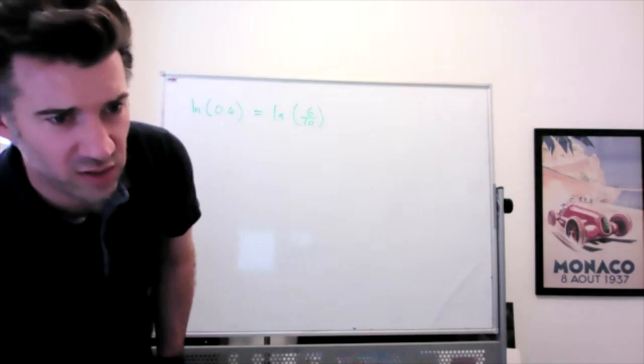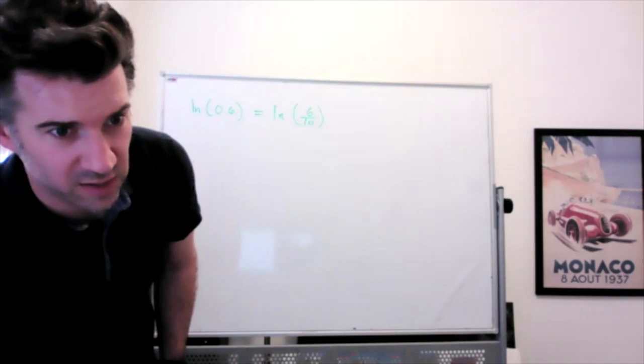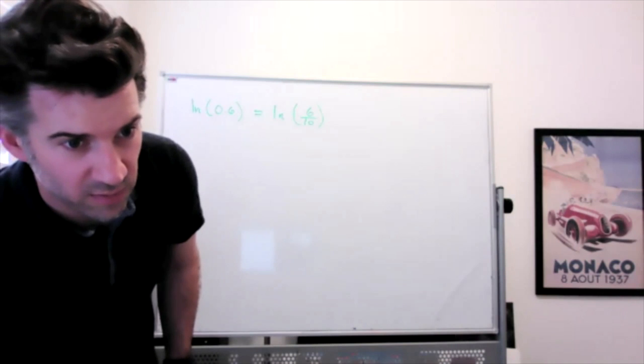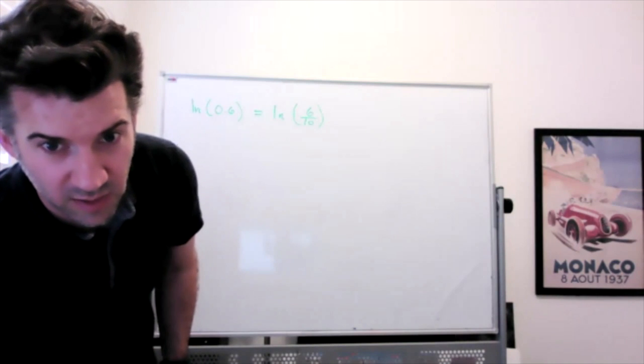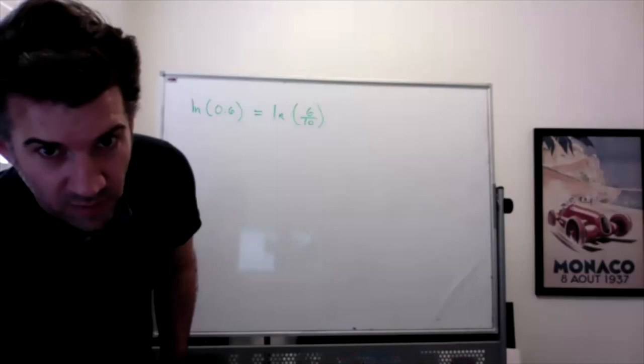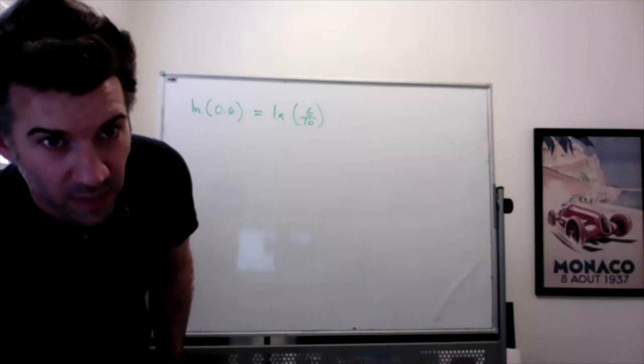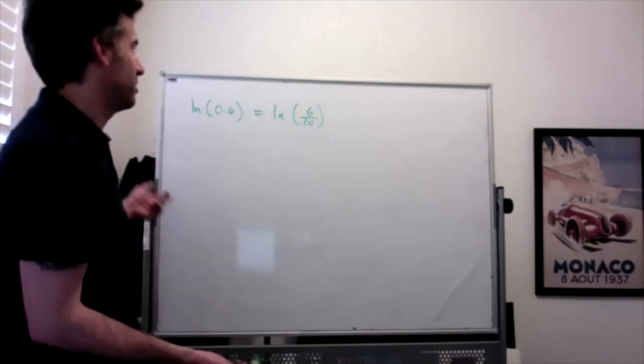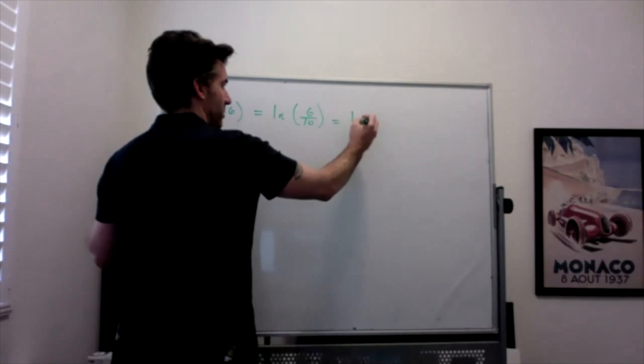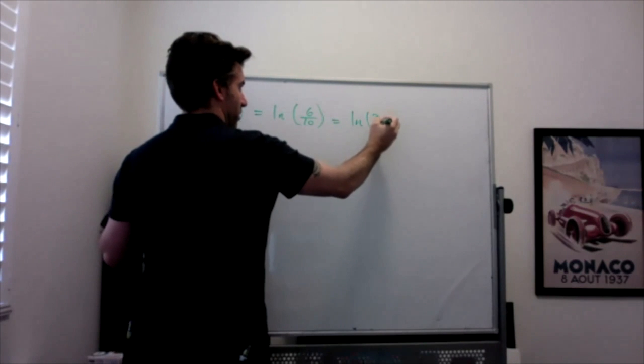So what I should actually do, what could I do with that 6 over 10? Sorry, I want to change my video settings just a little bit here. Divide by 2. Right. I can totally divide the top and bottom by 2 and write this as the natural log of 3/5.